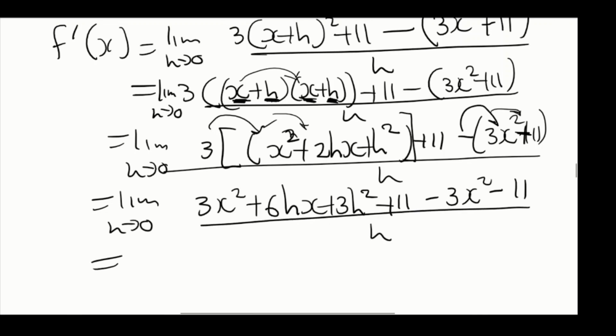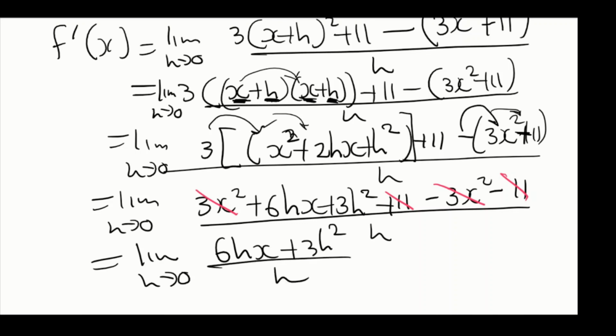So what's going to happen is this 3x squared will subtract this one, this 11 goes away with this one. We are left with the limit when h approaches 0 of 6hx plus 3h squared divided by h.